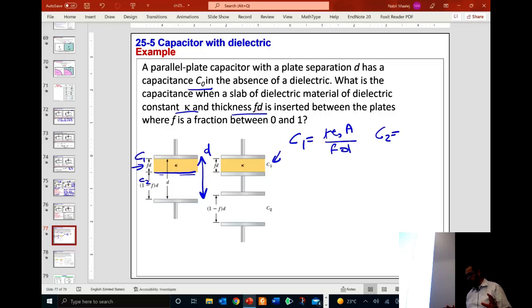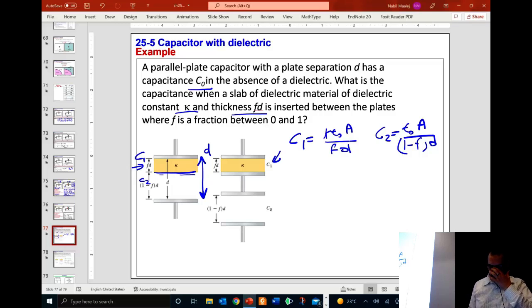C2 has only air. So we can write epsilon 0, the same area A, divided by the distance, which is now 1 minus F times D. So for example, if F is equal to 0.5, C1 is going to be kappa epsilon 0 A divided by D over 2, and C2 will also be epsilon 0 A divided by D over 2.